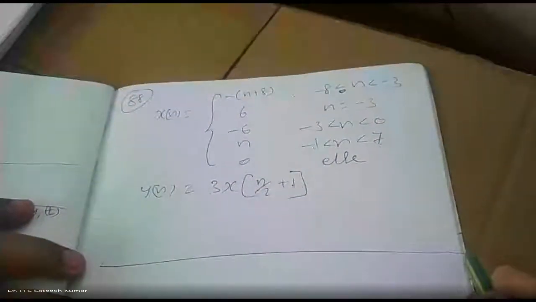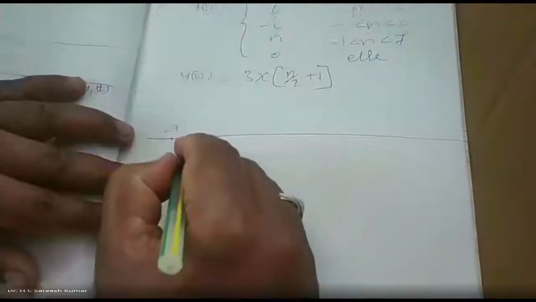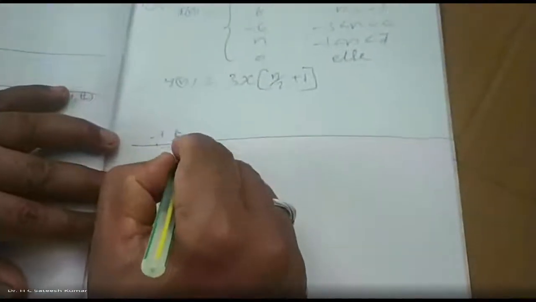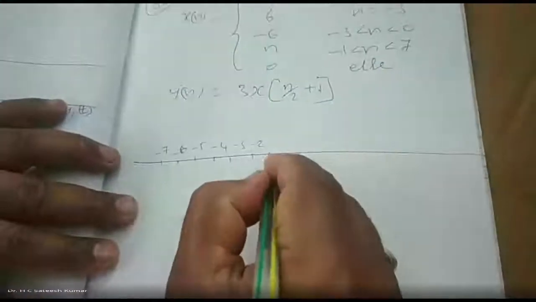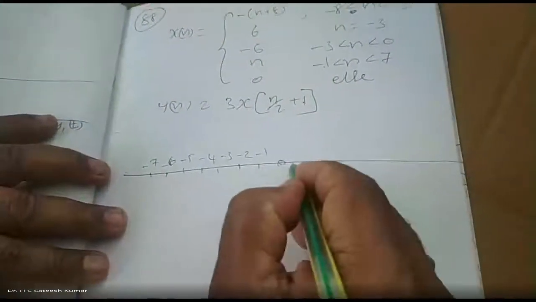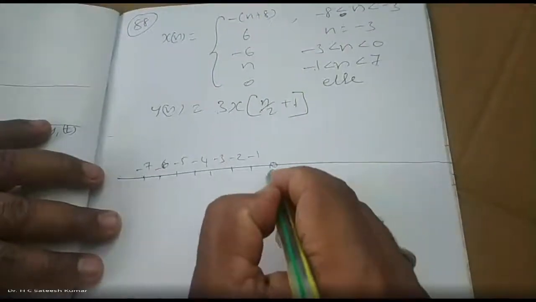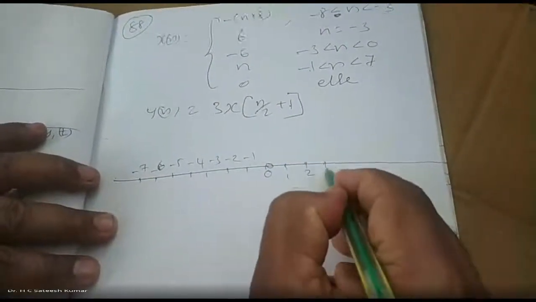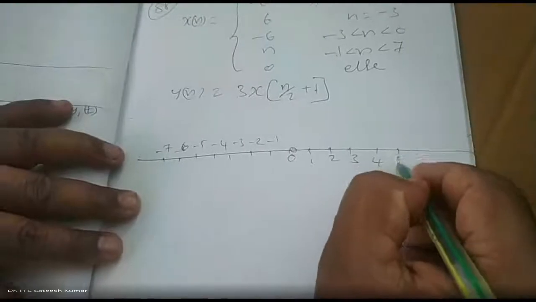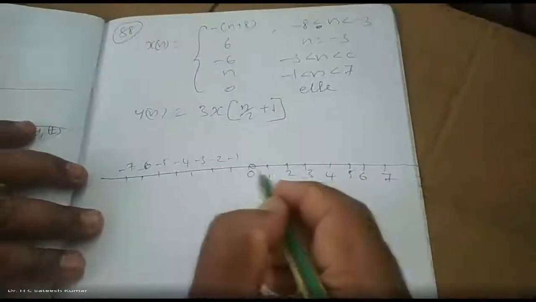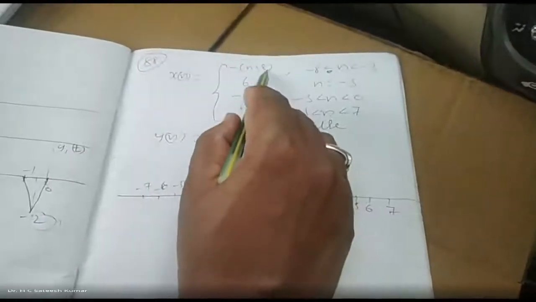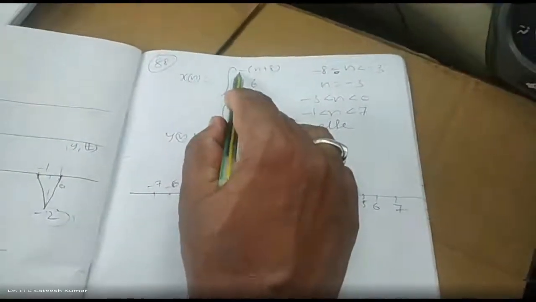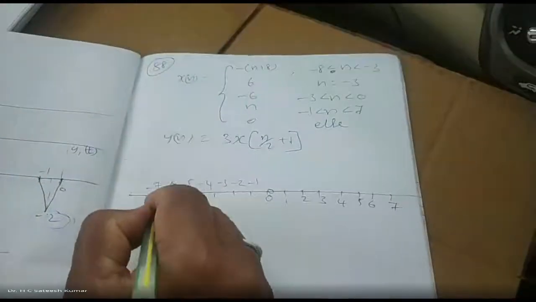Therefore, what you are going to get is, it starts from minus 7, minus 6, minus 5, minus 4, minus 3, minus 2, minus 1, 0, 1, 2, 3, 4, 5, 6, 7. Okay, right. So now minus 8 is not included. Therefore, minus 7. Minus 7 plus 8 is 1, and 1 into minus is minus 1. So therefore, we will get minus 1.